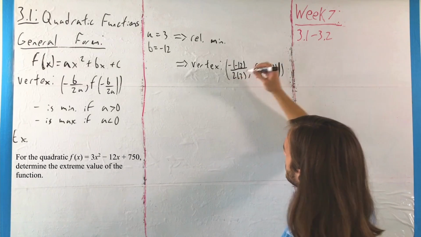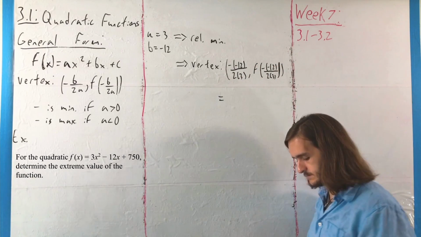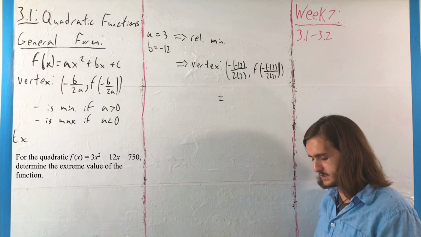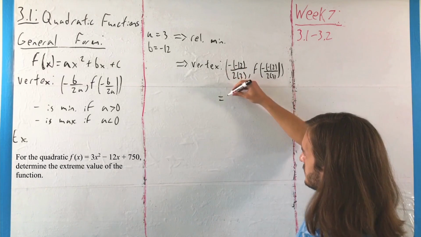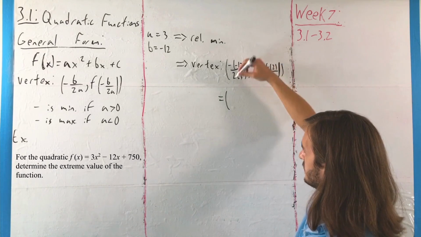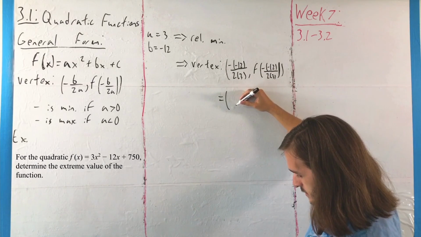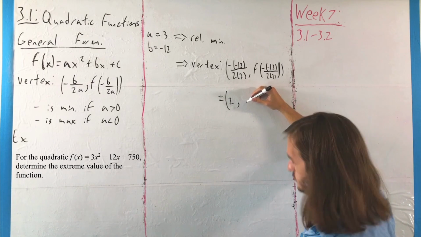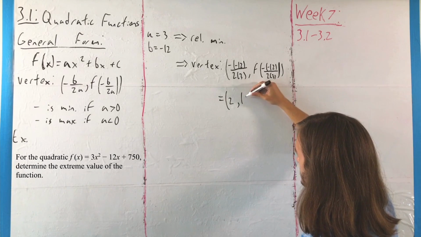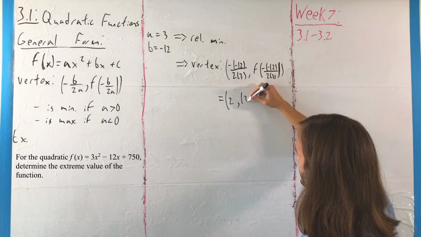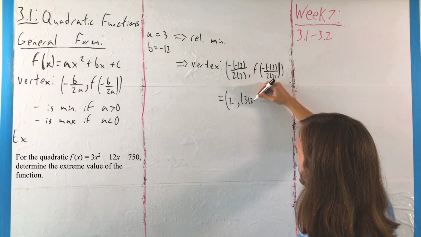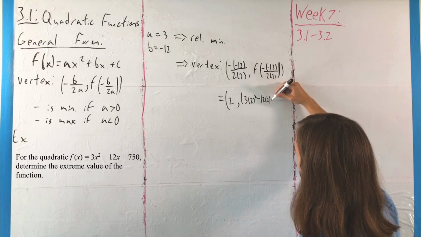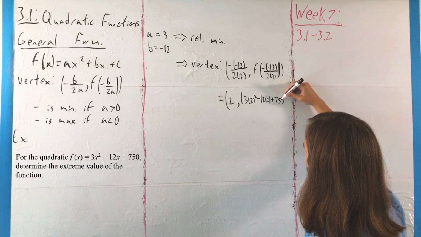Up to weird notation with having to fit that space, we would end up getting 12 over 6, which gives us 2, along with f of 2, which ends up being, I'll put this in parentheses just for the sake of having it stuck together, 3 times 2 squared minus 12 times 2 plus 750.